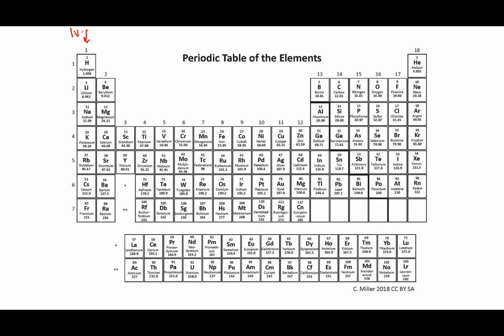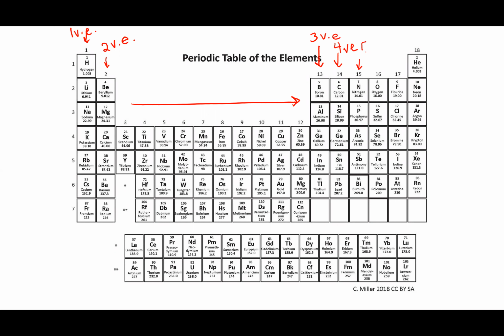I'm just going to use the E. All the elements in the second column have 2 valence electrons. Again, we skip over the transition metals, and all the elements in group 13, or 3A, have 3 valence electrons. The elements in 14, or 4A, have 4 valence electrons.